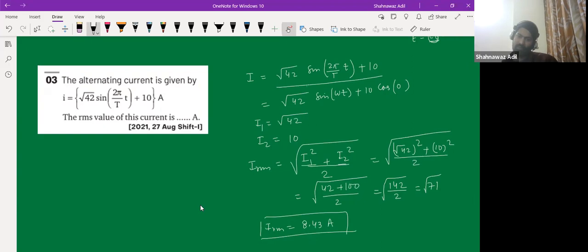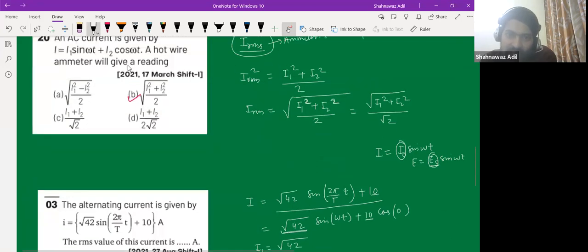So I1 will be sin omega t value, and I2 will be cos omega t value. So this is 10 cos of 0, we can write this thing as cos of 0. So this would be the amplitude of these two currents.